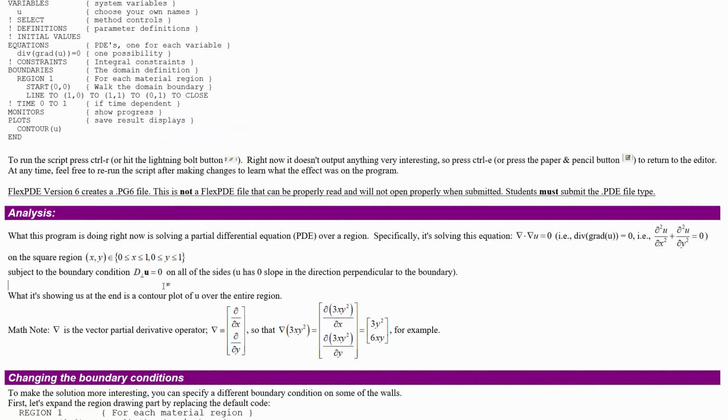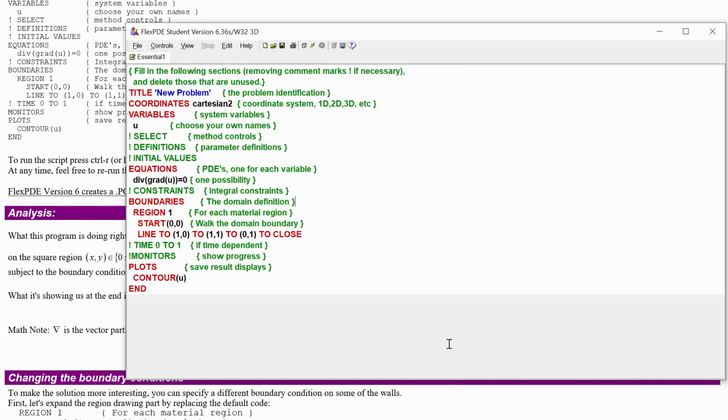The default one turns out to be that the partial derivative of u in the direction perpendicular to the boundary is equal to 0. So the directional derivative of u outwards, the outward gradient of u, is equal to 0. So there's no flux of u leaving this region. And that ends up being a pretty boring solution.